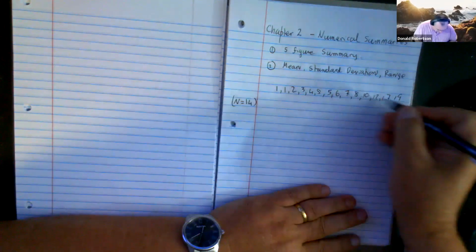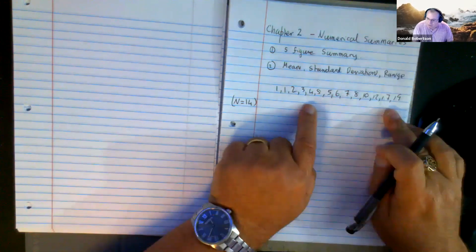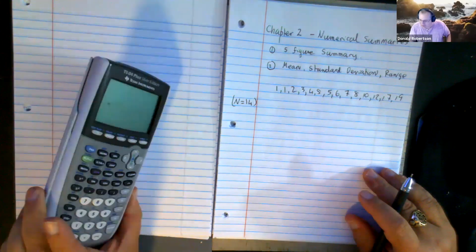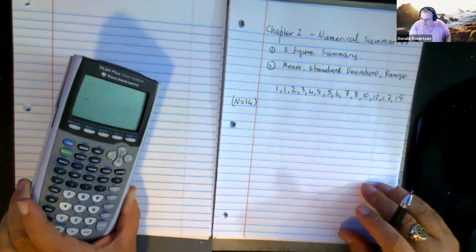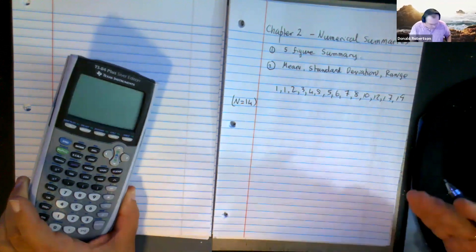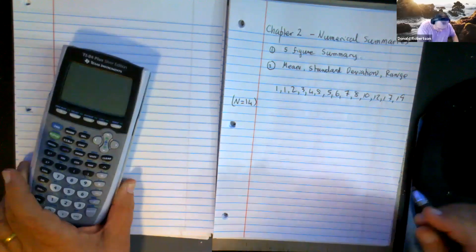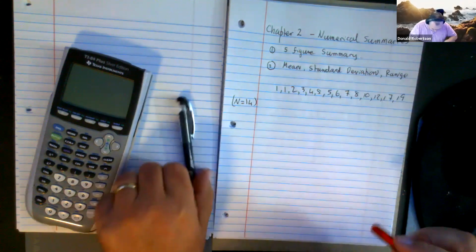So that's what we have. So from this data, I'm going to do it by hand one more time, and then we'll do the same guy on calculator, just so we can collect the 5-figure summary. So that's some that we've kind of done, it's an overlap, and that's fine. I have chosen a slightly different data set.